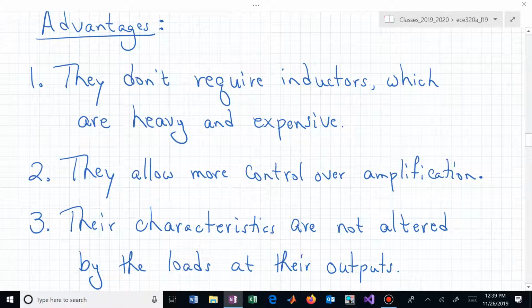If our application doesn't need it, then maybe we can get away with an active filter. We can now scale or amplify the signals going through, since we have the ability to amplify with an active device versus the passive devices. Those are not having really any built-in way to give you amplification.